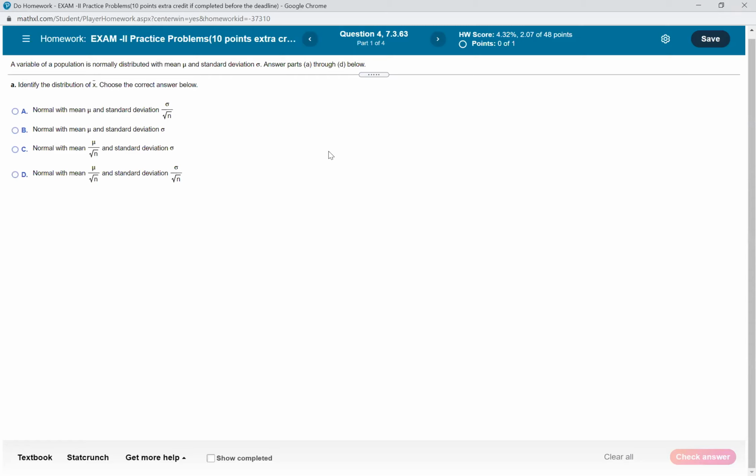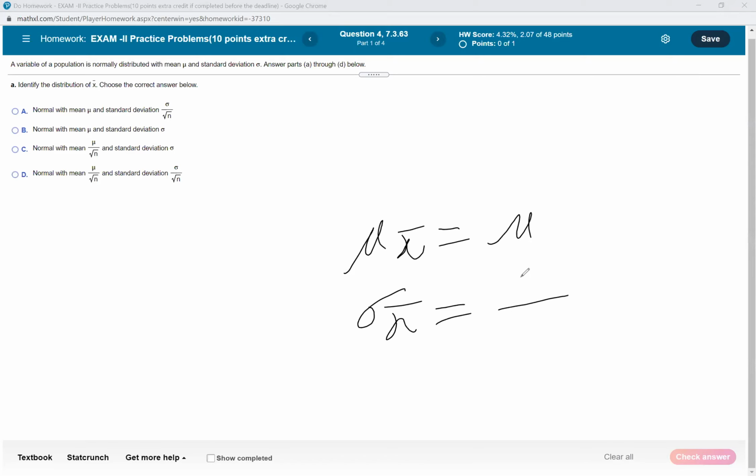Identify the distribution of x bar. A variable of a population is normally distributed. It is given that the population distribution is a normal distribution with mean mu and standard deviation sigma. So we have to find the distribution of x bar. What do we know about the distribution of x bar? We know that mu x bar is mu and sigma x bar is sigma over square root of n.